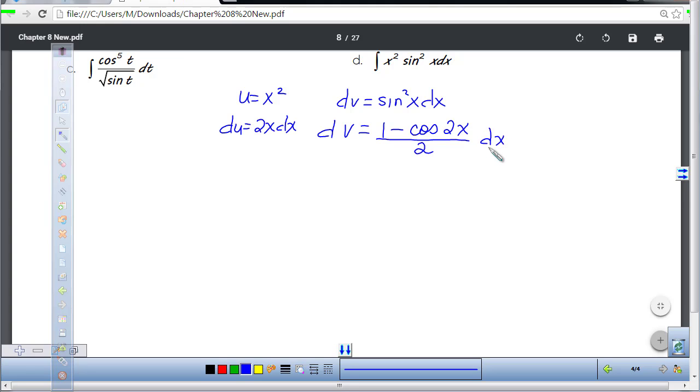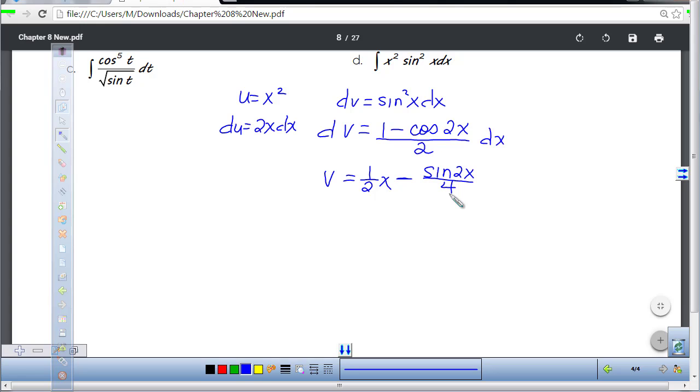And so we've got to integrate there to figure out what v is. So v could be 1/2 x from this piece, right? And then if we've got minus cosine 2x over 2, then that's going to be what? Minus sine 2x over 4. Is that right? Okay. All right, so that's our v.